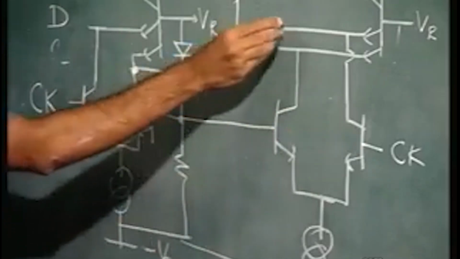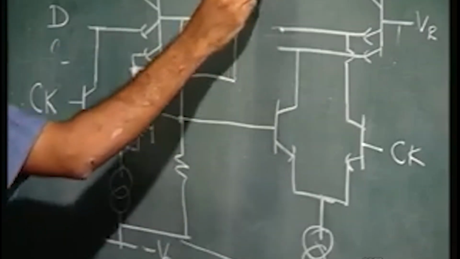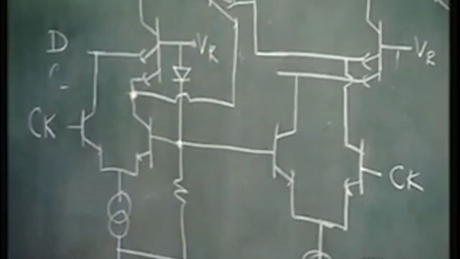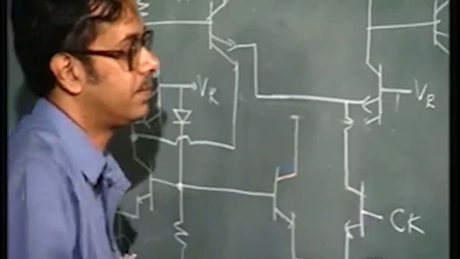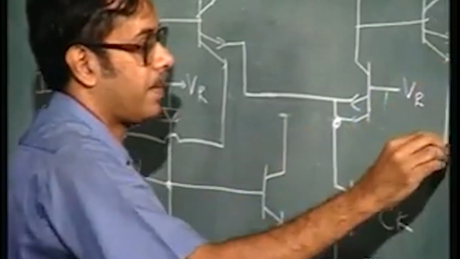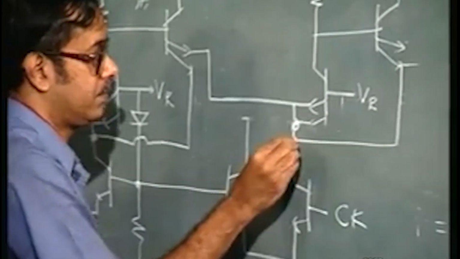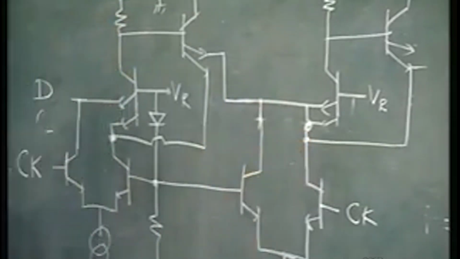Now here you have the D input, as in the previous case. So, this goes the D input. So this is the circuit.